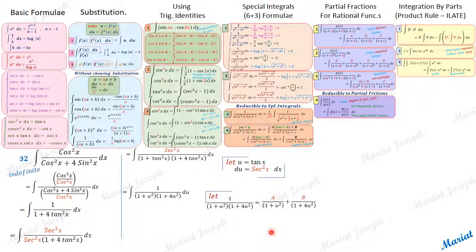So I proceed further. To find the values of a and b, let me take the LCM. The product of the denominator is the LCM, which will cancel with the LHS LCM denominator. So the numerator 1 would be equal to a into 1 plus 4u square plus b into 1 plus u square.